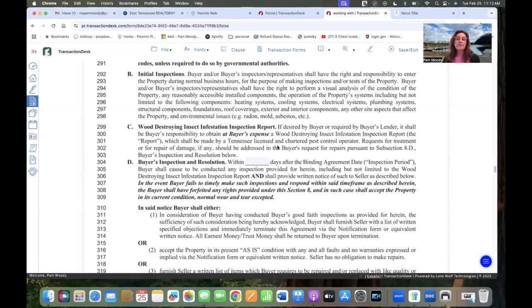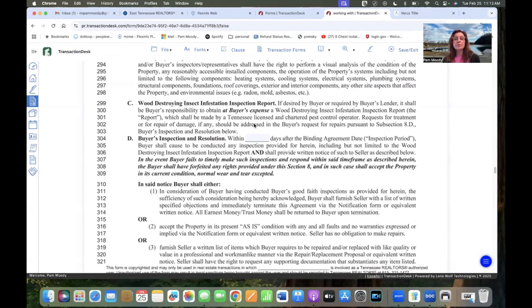It shall be made by a Tennessee licensed and chartered pest control operator. Requests for treatment or for repair, if any, should be addressed in the buyer's request for repairs. So after we've done the inspections, we submit a repair request. Okay, buyer's inspection and resolution.